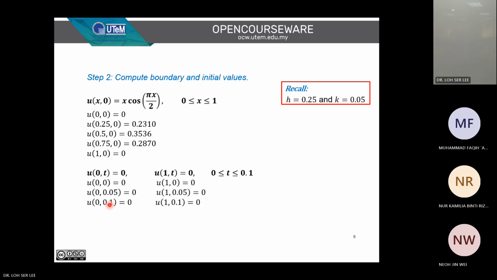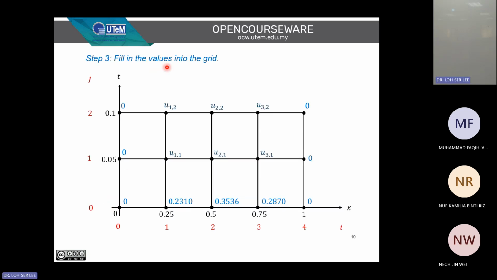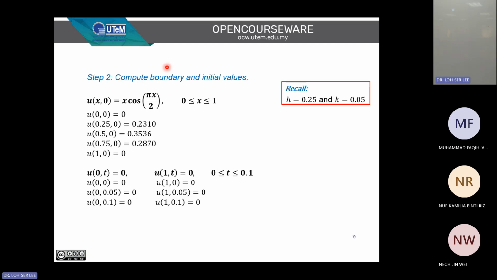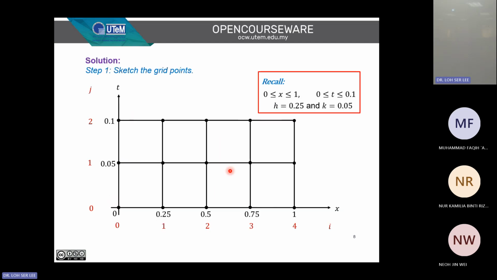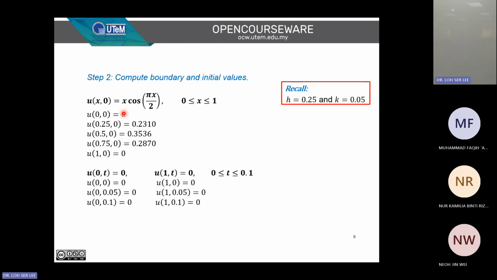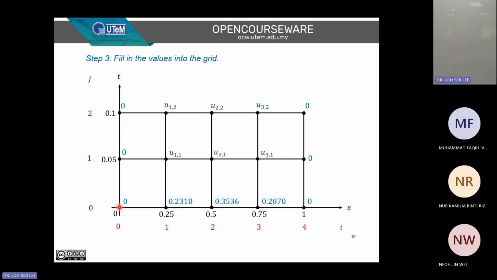Okay, if no, then next we will fill in the values into the grid. From the grid just now, we will fill in the values of all these points. U00 is 0, so that means this is the point; U00 is here, 0.